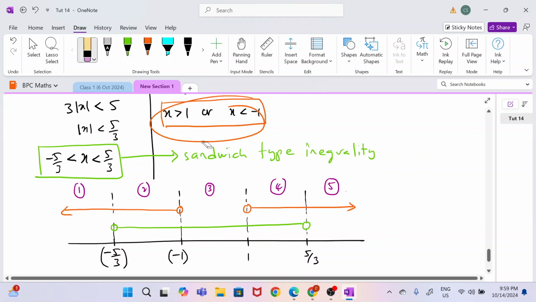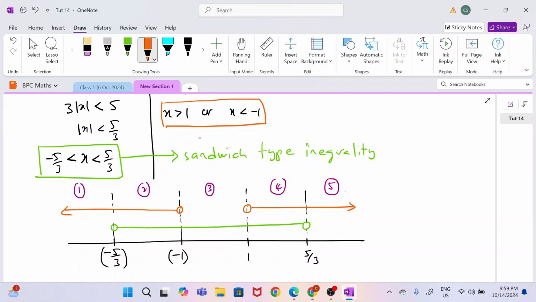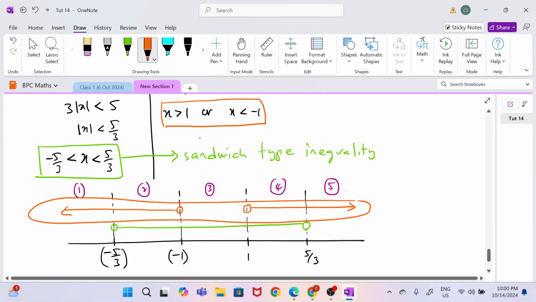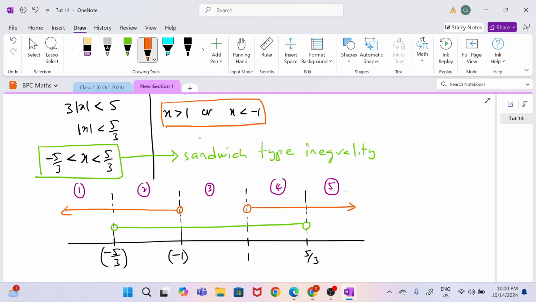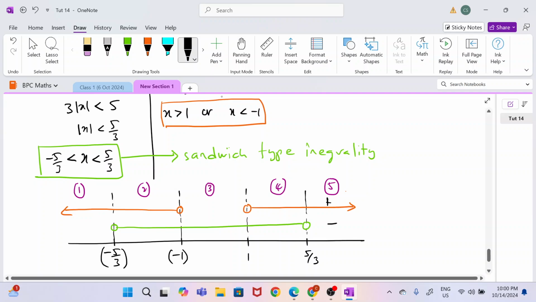For this one, there are two, 1 and 2. Make sure these two inequalities you draw on the same horizontal line. Okay, parallel. Now plus minus, plus plus, minus plus, plus plus, plus minus, minus plus.